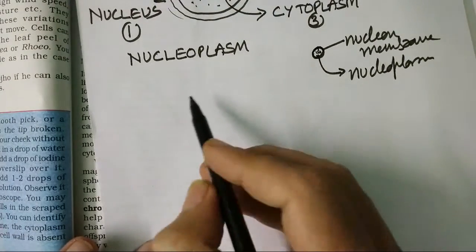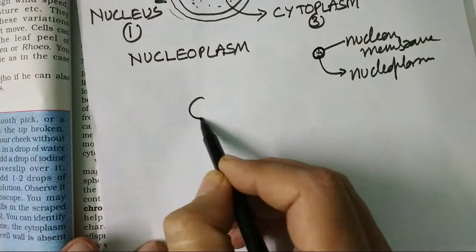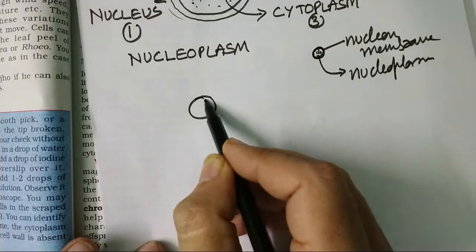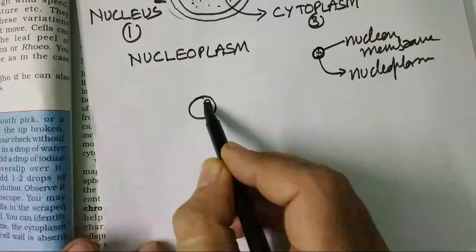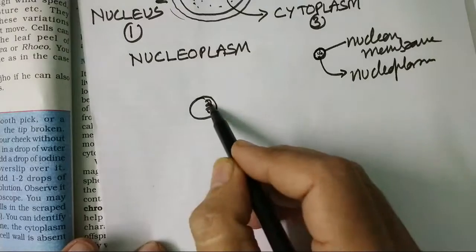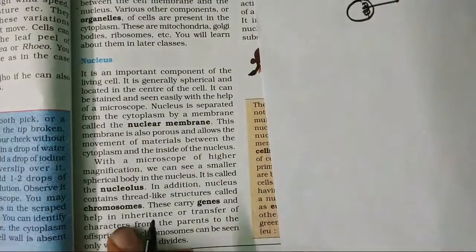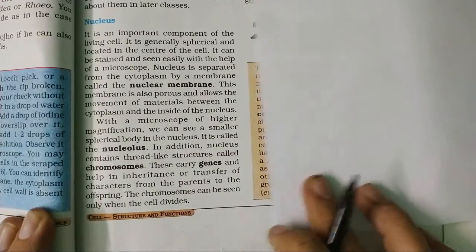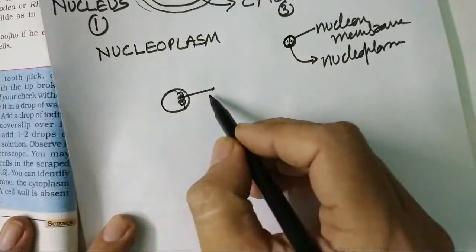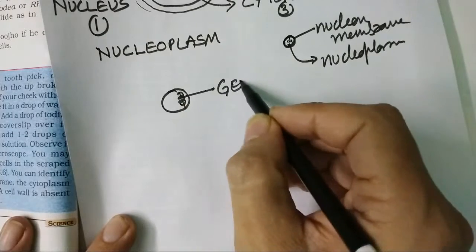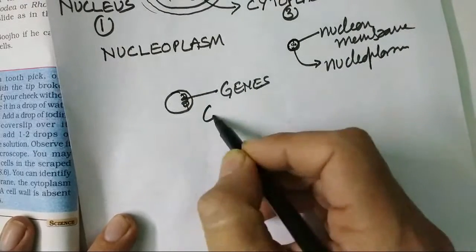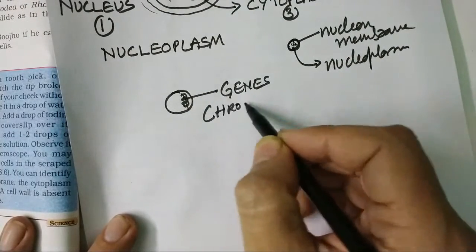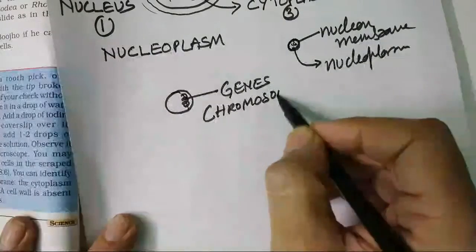And if we study nucleus under a microscope, you will see that it has got some components inside. They are called the chromosomes. If you read the book and see, it contains chromosomes which carry the genes. What are chromosomes?